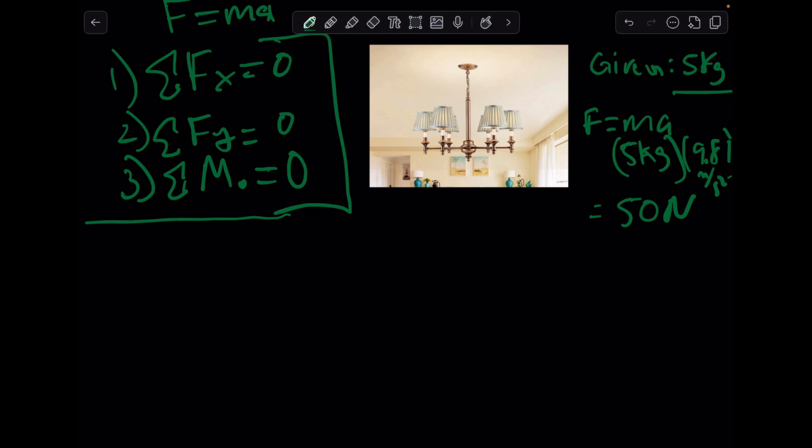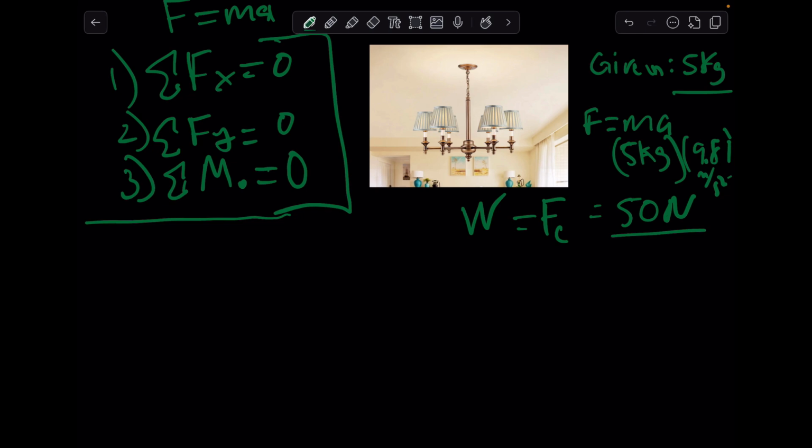I'm just rounding up a little bit. In reality, it would be like 49 newtons, but let's just say 50 newtons from the chandelier. That's our force from the chandelier due to gravity, aka our weight. We can also call it our weight, 50 newtons.